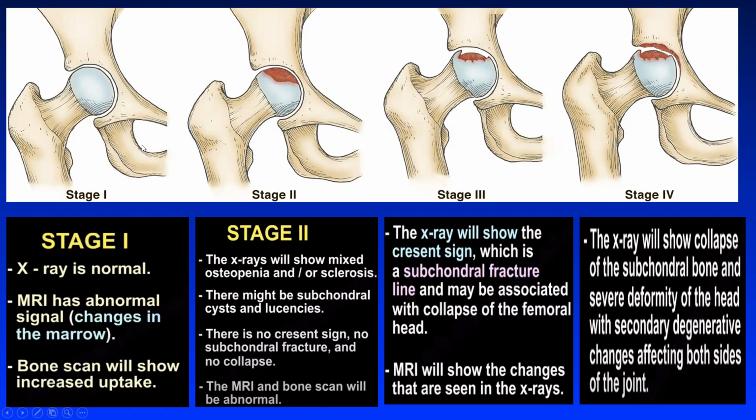Then if you diagnose the patient in stage 1 or stage 2, you can do a non-invasive or minimally invasive technique like core decompression. But in late stages of avascular hip necrosis, usually these patients with collapse of their femur head need a hip replacement.